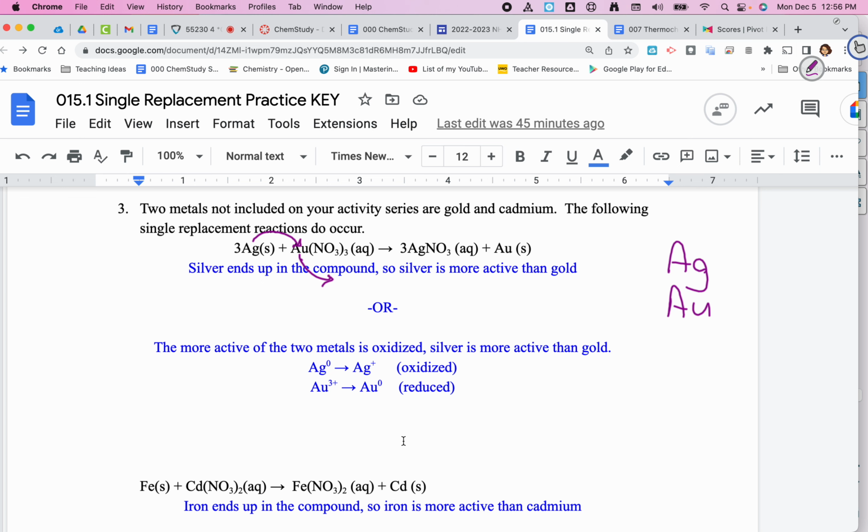Nobody wants an iron necklace because over time, your necklace will rust. A gold necklace or a silver necklace doesn't want to give up any electrons. So we as humans value those duds of the chemical world because they don't react with stuff and become tarnished or corroded. So gold is definitely going to go at the bottom there.